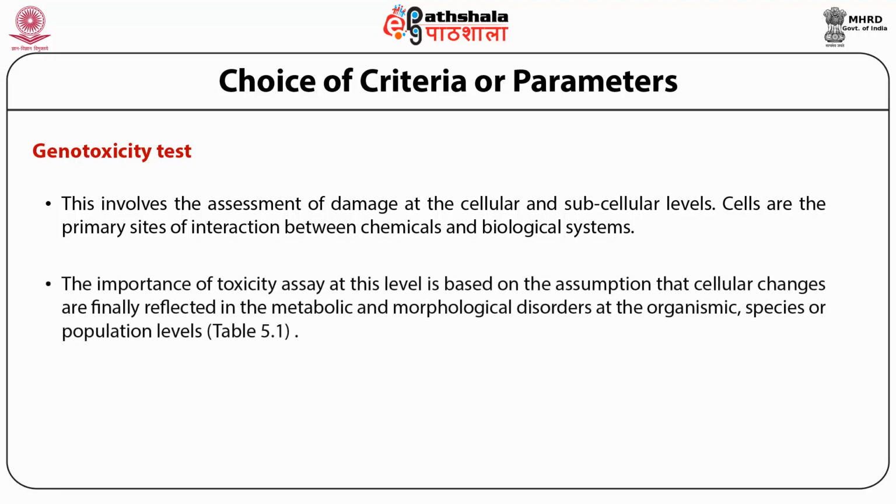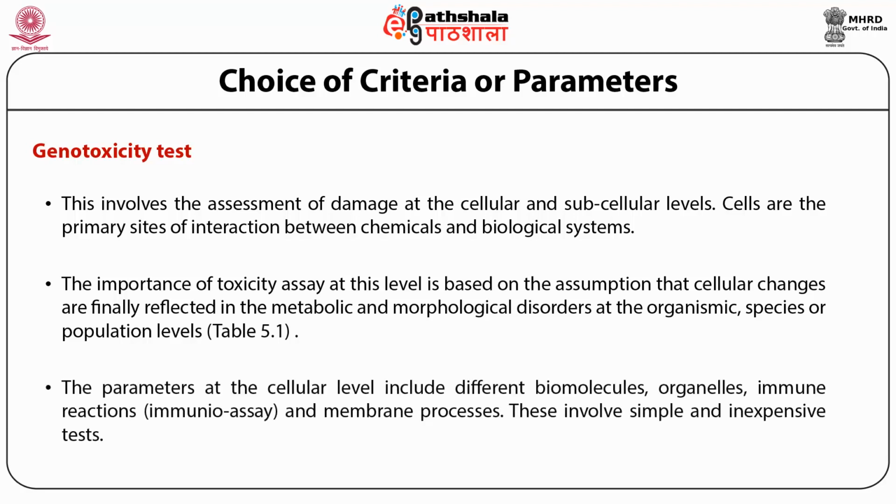The importance of toxicity assay at this level is based on the assumption that cellular changes are finally reflected in metabolic and morphological disorders at the organism, species, or population levels. The parameters at the cellular level include different biomolecules, organelles, immune reactions, that is, immunoassay, and membrane processes. These involve simple and inexpensive tests.